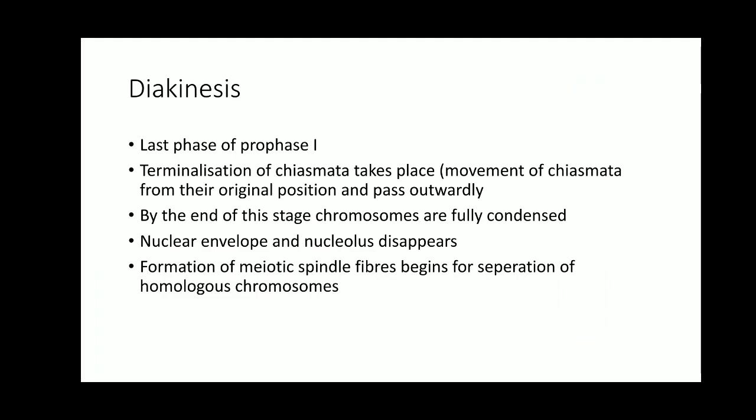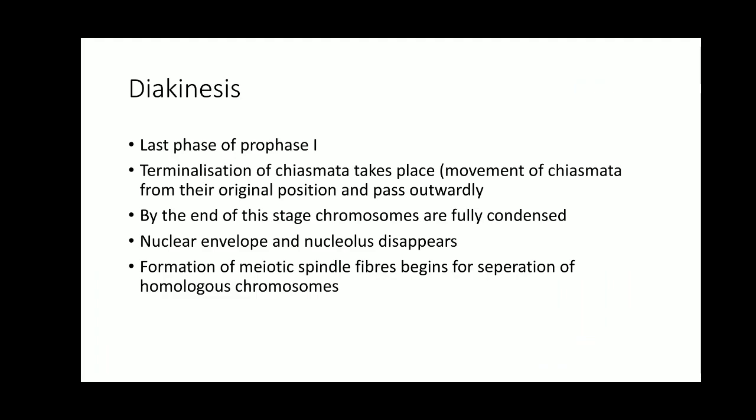What is this terminalization of chiasmata? It is the movement of chiasmata from their original position outwardly. Whatever chiasmata are formed between these homologous chromosomes, that too between the non-sister chromatids after the crossover has taken place, they slowly move from these chromatids and move outside, and that process is known as terminalization.